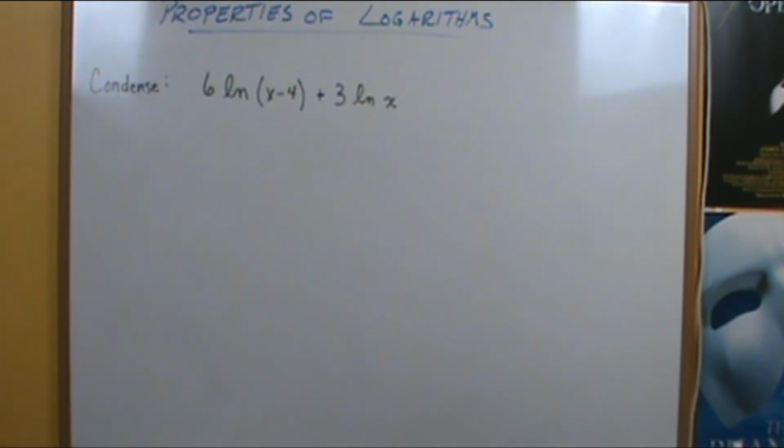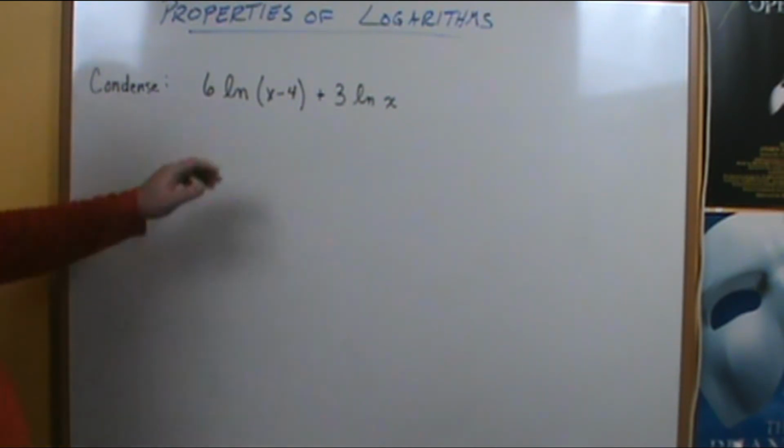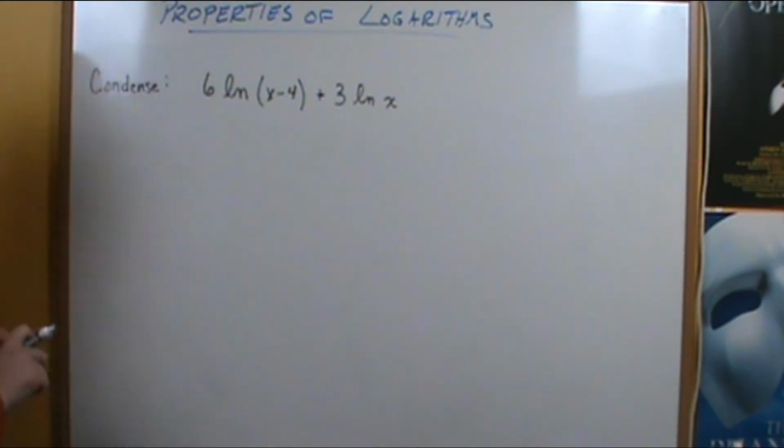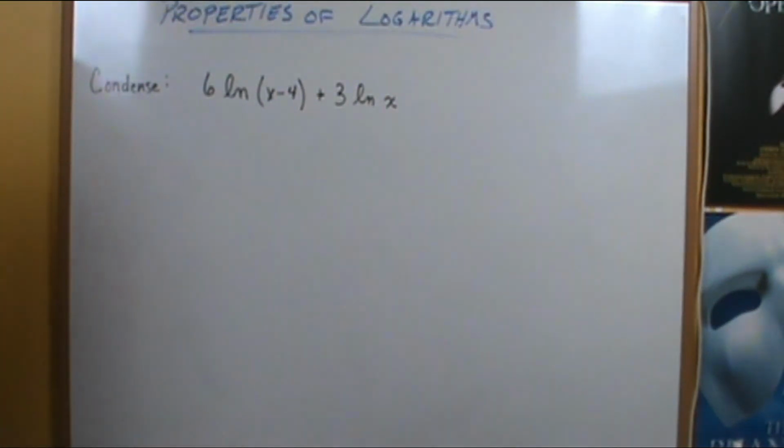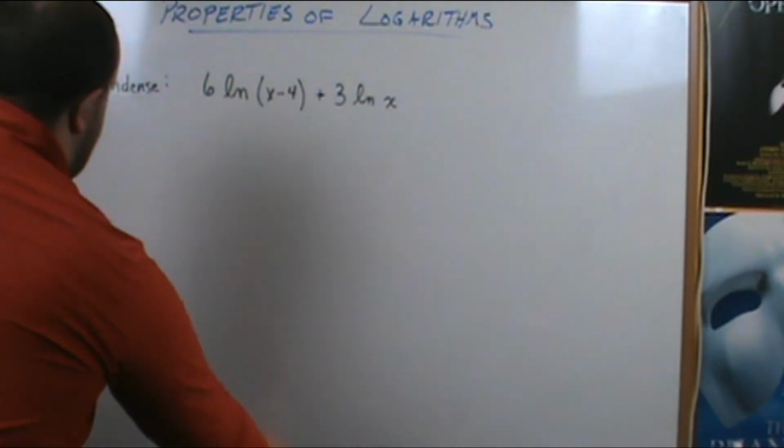One of the final examples here, we have the logarithmic expression 6 times the natural log of x minus 4 plus 3 times the natural log of x, and we're going to condense it. We're going to write it in terms of one logarithmic expression. First thing that we're going to do is apply the power property.